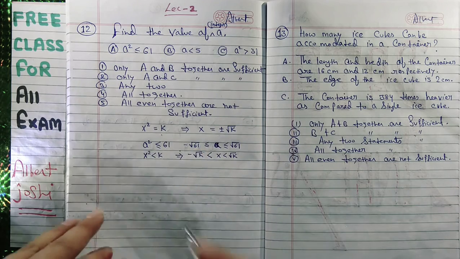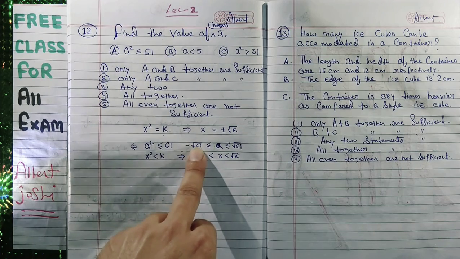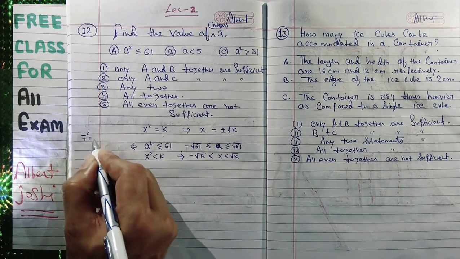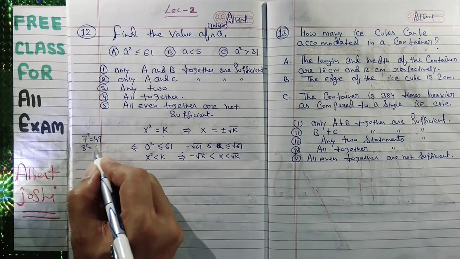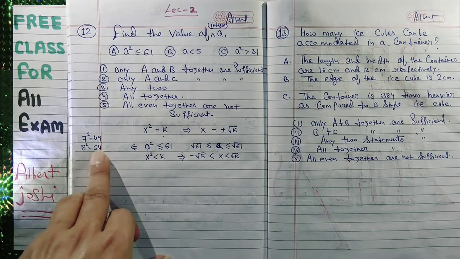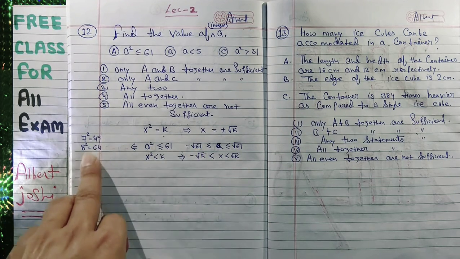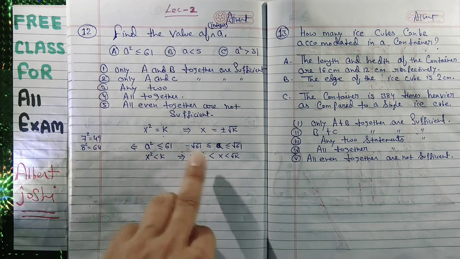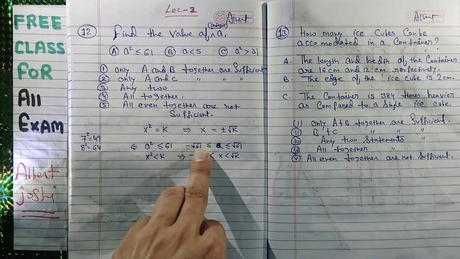You know that 7 square is 49 and 8 square is 64. We cannot use 64 here because square root of 64 is 8, and 64 is greater than 61.